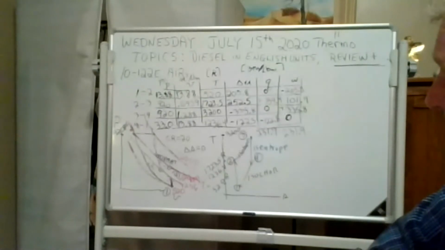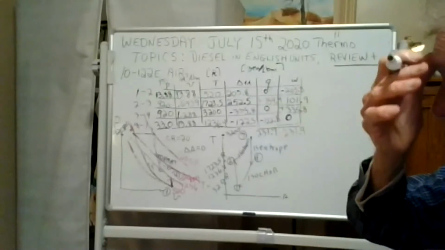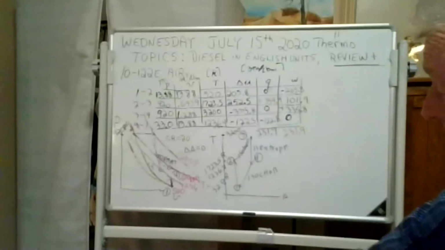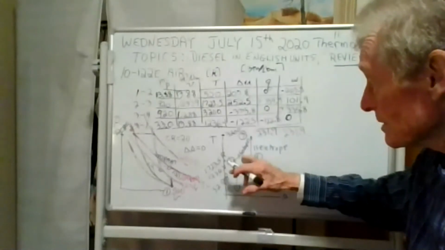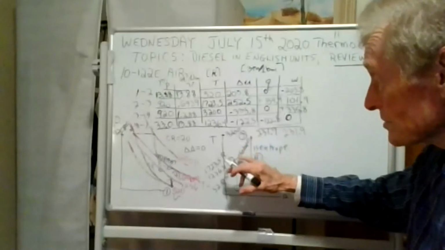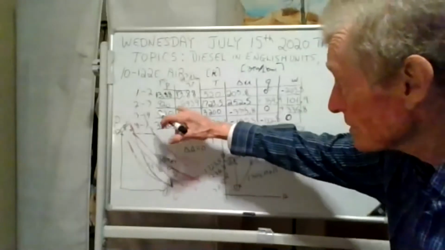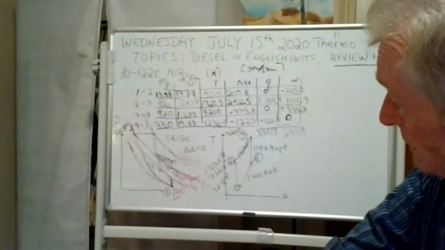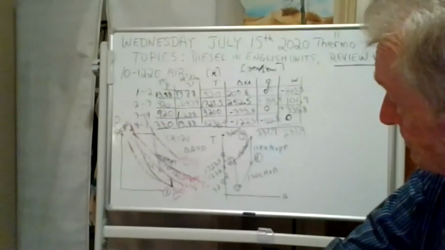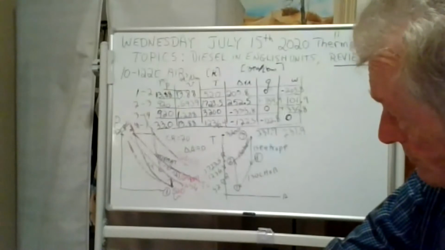That's good. Now, what about the pressures? Well, see, this pressure here is constant. From 2 to 3 that has the same pressure. It's 920 psi. Yeah, you could put the pressures on there.